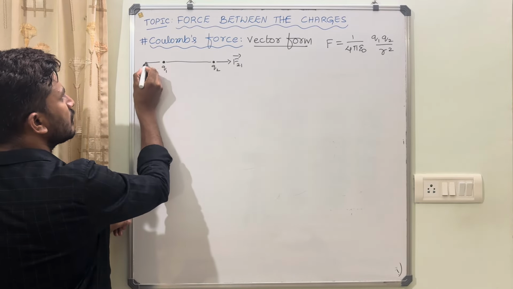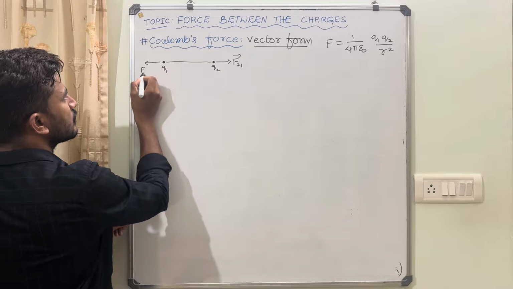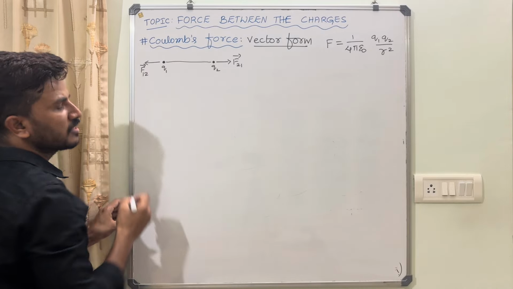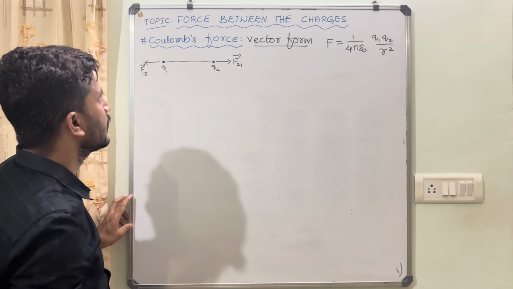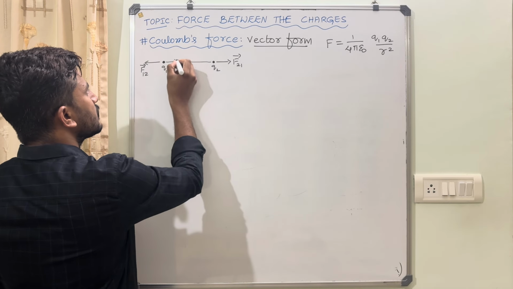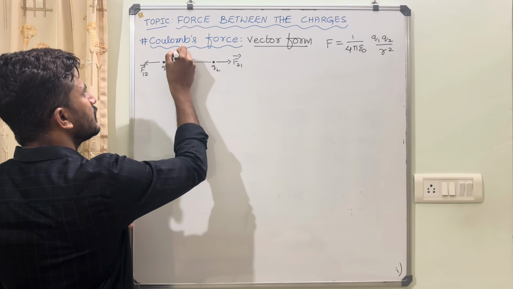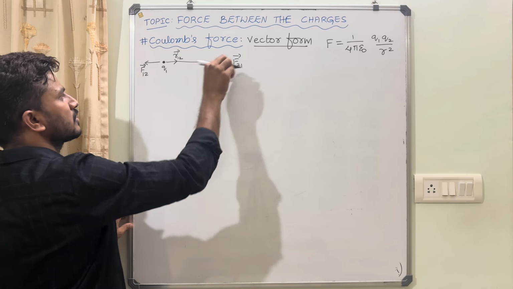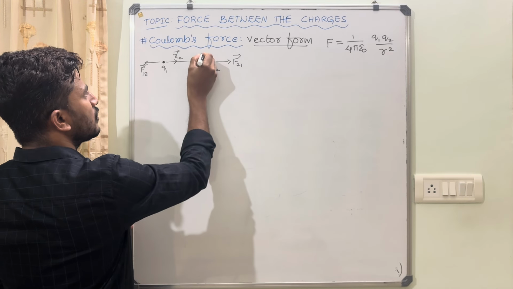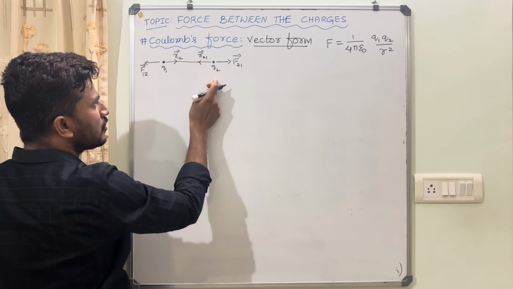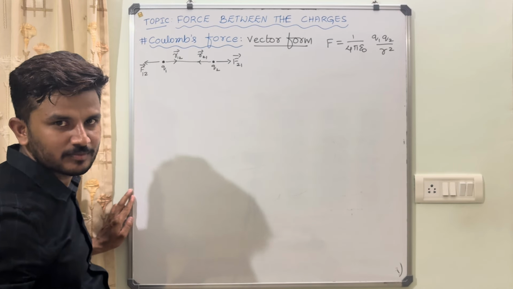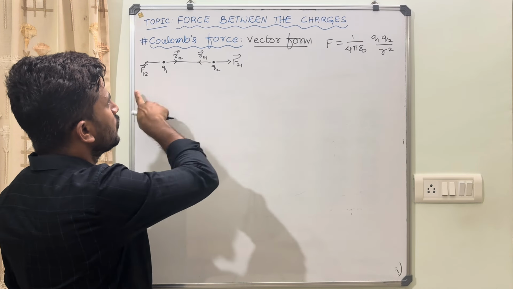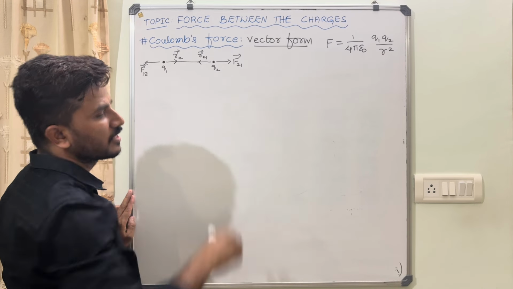The force acting on the first charge due to the second charge is towards the left. Let the displacement vector between these two be r12 in this direction, or r21 from r2 to r1. Displacement vector r21 in this direction, r12 in this direction.